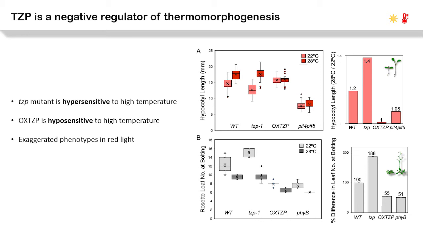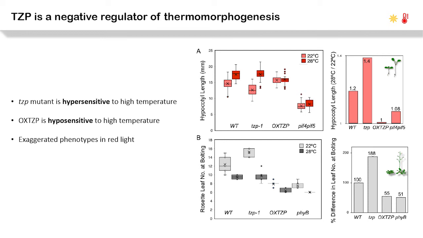We could see that TZP mutants were hypersensitive to temperature compared to wild type, whereas when you overexpress TZP, you get a hyposensitive response to high temperatures, suggesting that TZP is actually a negative regulator of thermomorphogenesis, which again is quite surprising: depending on the stimulus or the context, TZP can act differently.